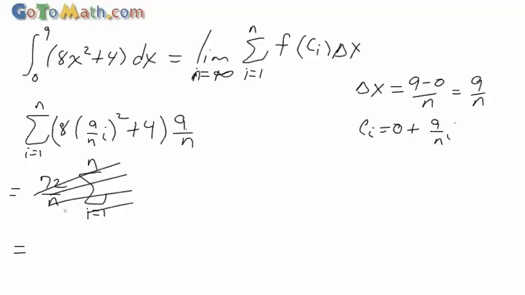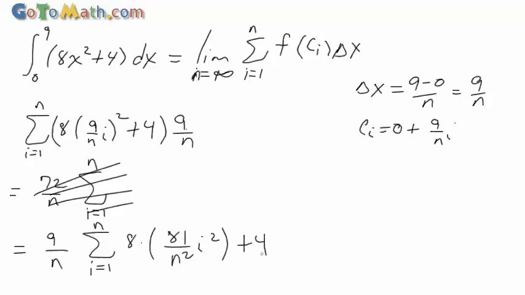Let's take this 9 in and bring it out front. You were probably like, whoa, what is going on there? And then some of you are like, I don't know what he's done, but I'm going to follow it. Well, you should always question the establishment. Let's go ahead and square this. So this is 9 squared, this is 81. 81 n squared, and then we have i squared right there, and then we have plus 4.